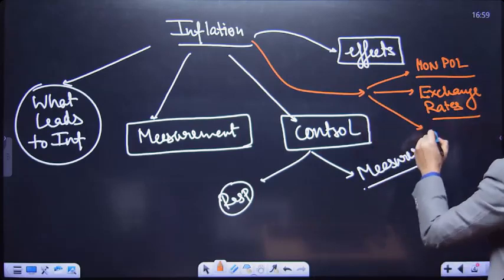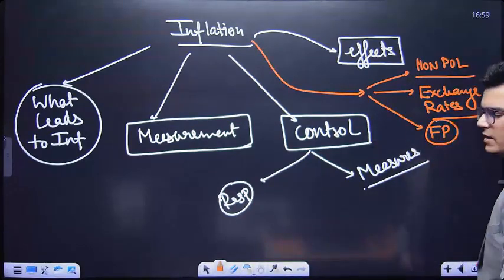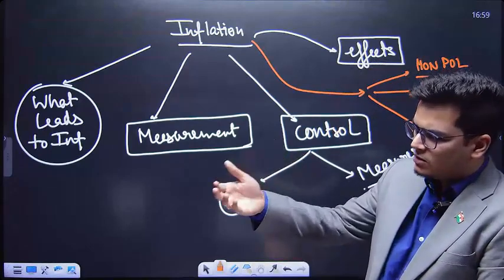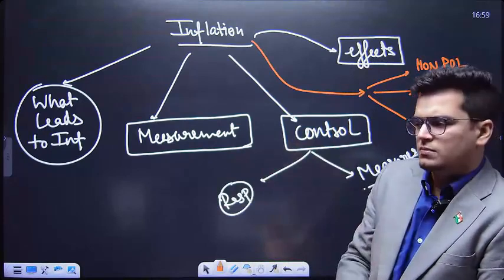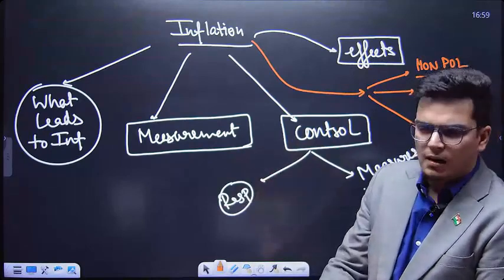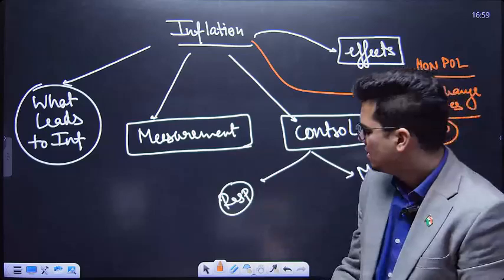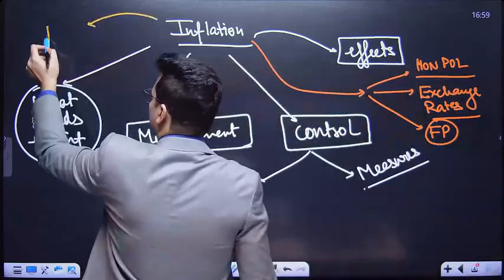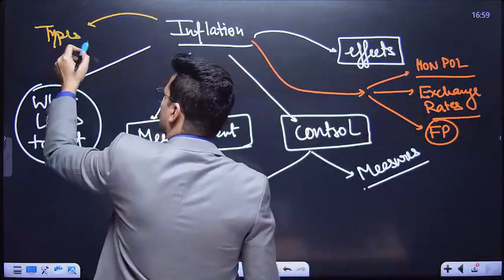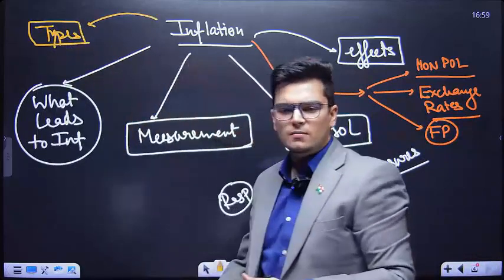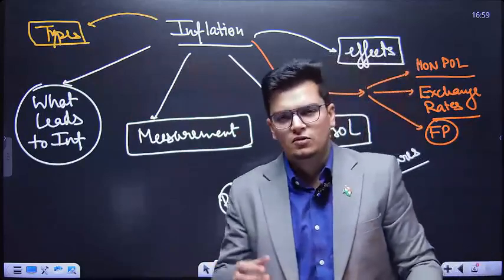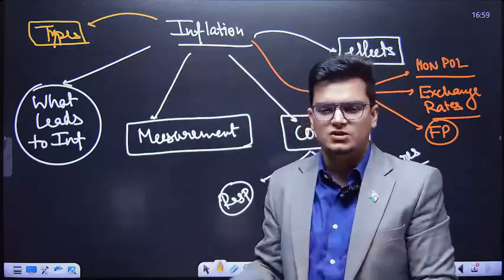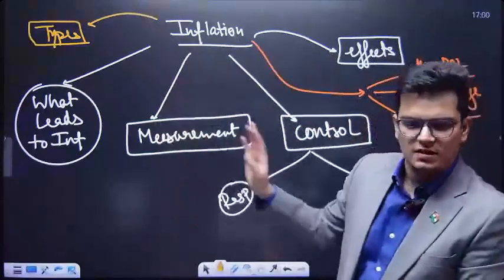There was also fiscal policy and inflation, whether the government is likely to buy bonds, sell bonds in the market, buy securities in the market, etc. Then one more topic related to inflation was various different keywords that are linked to inflation. For example, deflation, stagflation, recession, etc. These sort of questions were there.